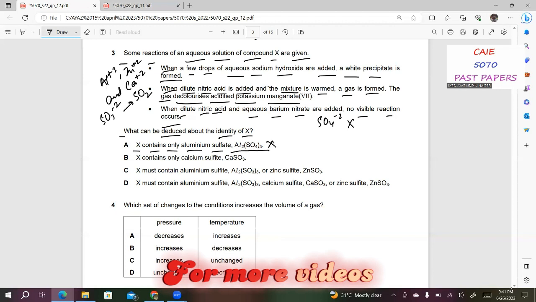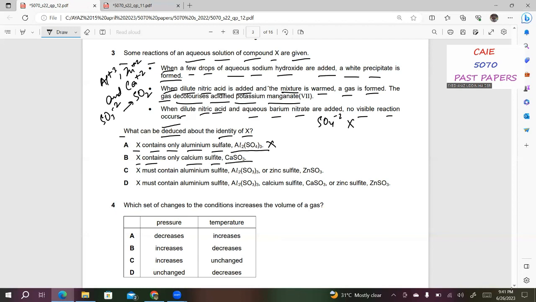Wrong, because it must contain Zn2+ and Ca2+ also. B, X contains only calcium sulfite, CaSO3. Again wrong, because it's already written that the ions present in the aqueous solution are Al3+, Zn2+ and Ca2+.